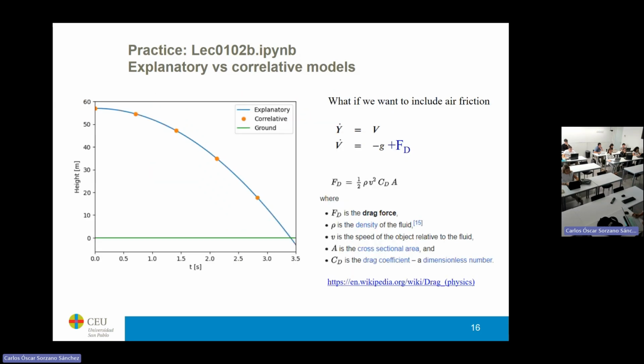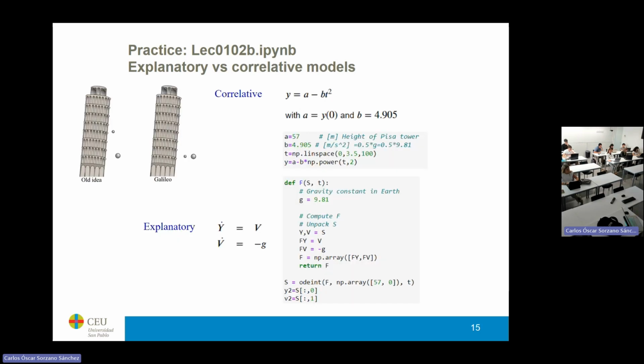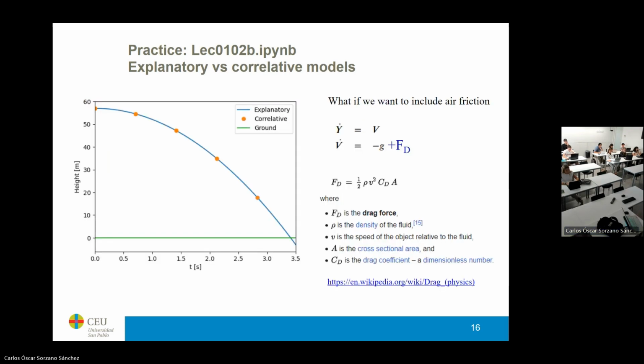Okay, so now let's include air friction in the model. So if I have to include air friction in this model, I don't know how to put it. I don't know. Okay. If I have an explanatory model, I know how to do it, because it will be another force.